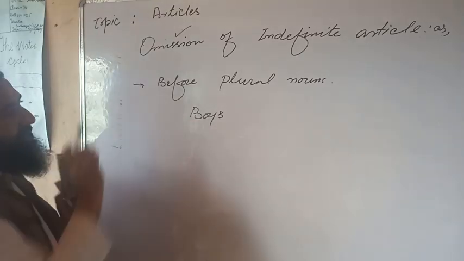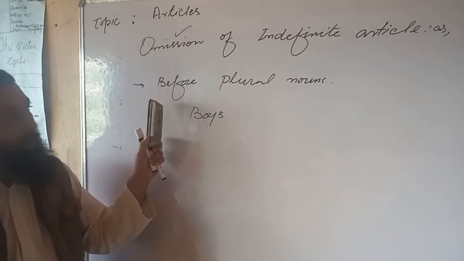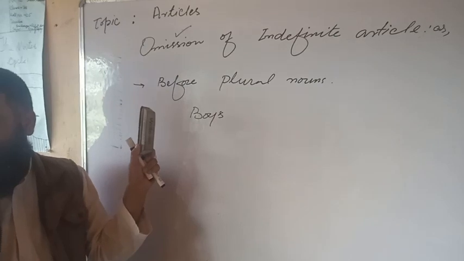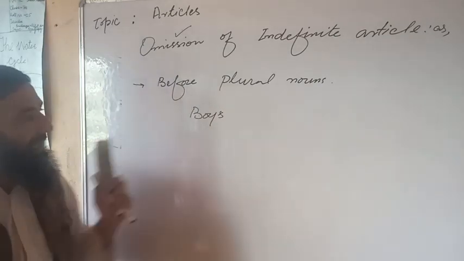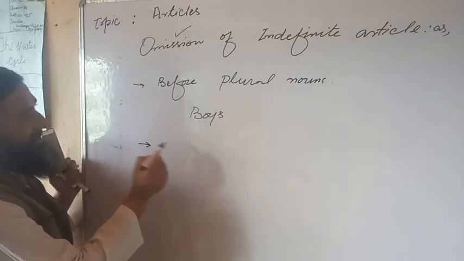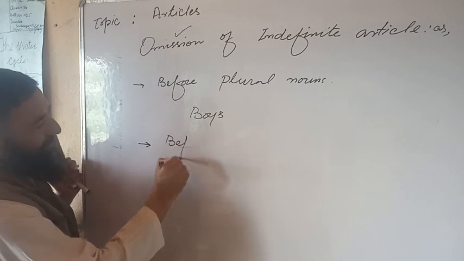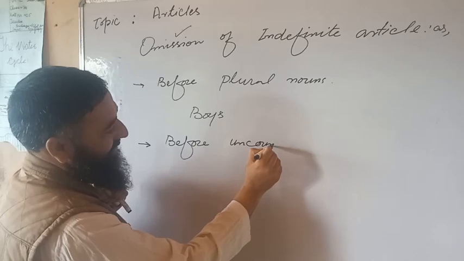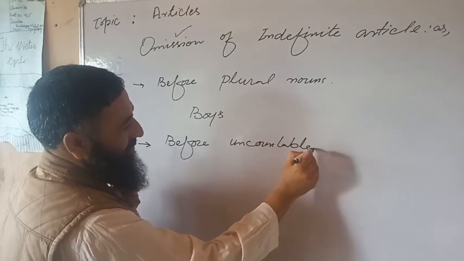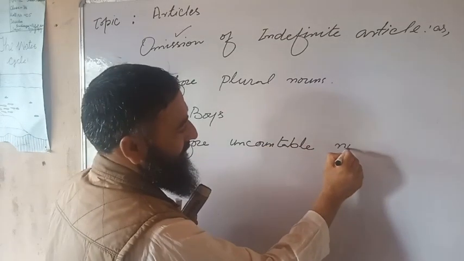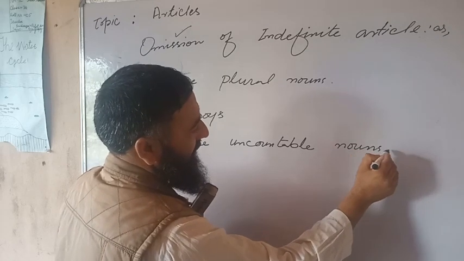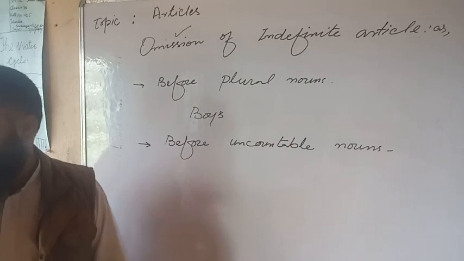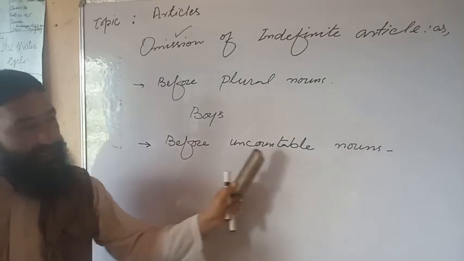Okay. So the first place where you will omit the indefinite article is before plural nouns, and the second is before uncountable nouns. Remember it. We don't use any indefinite article before uncountable nouns.